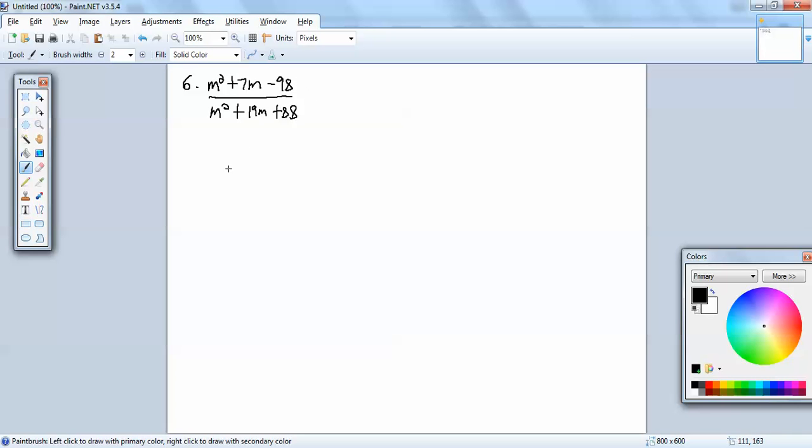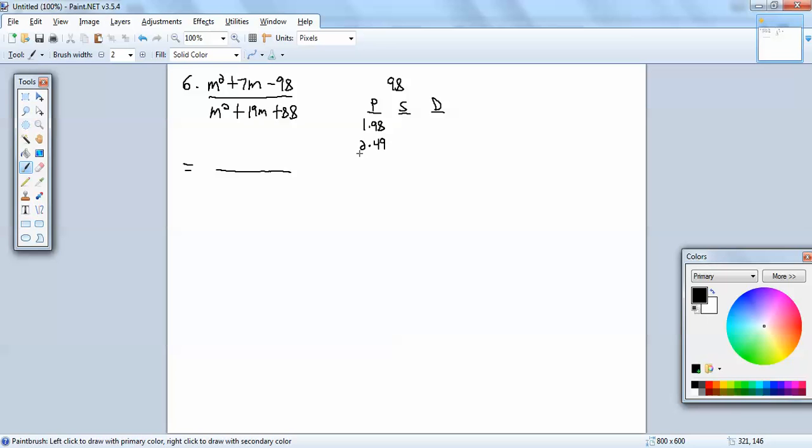I'll start with the top part. The reason why it's PST is because we got m squared, m, no m, and there's no number in front of our m squared. So I'll take my number at the end, 98, ignoring signs, and come up with our 3 columns. We got 1 times 98, 2 times 49. 98 divided by 2 is 49.